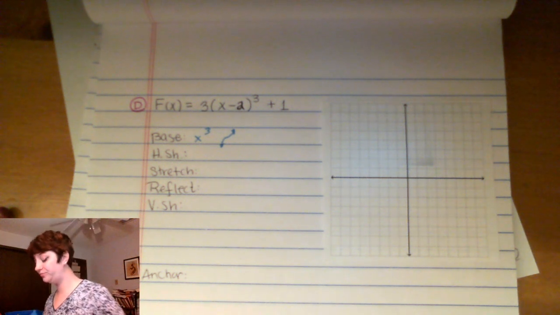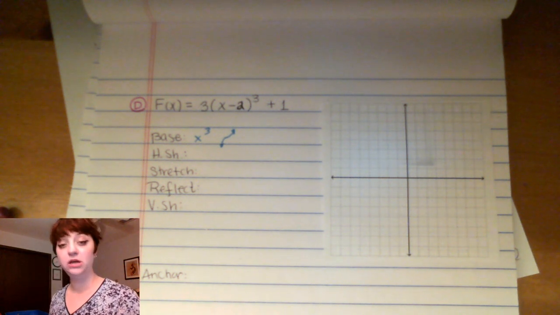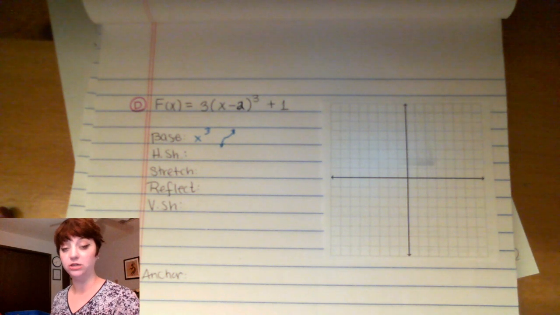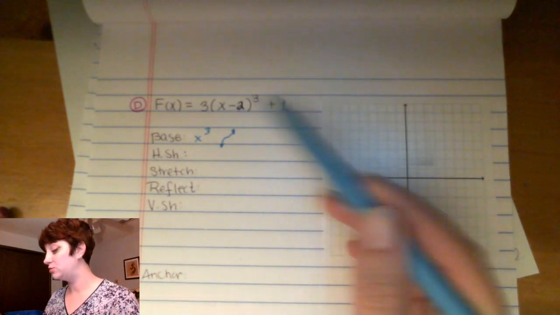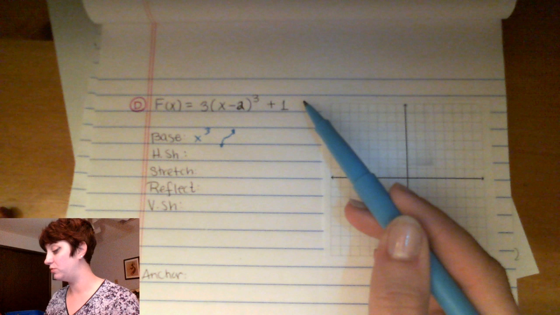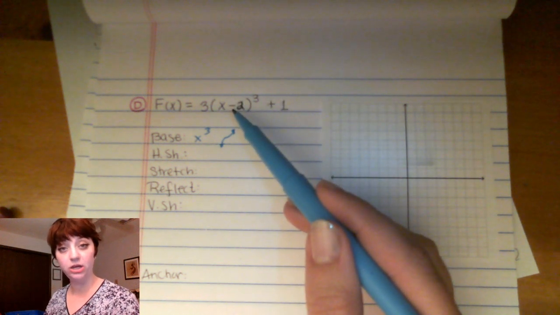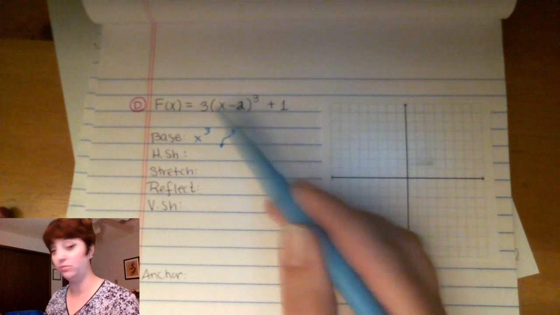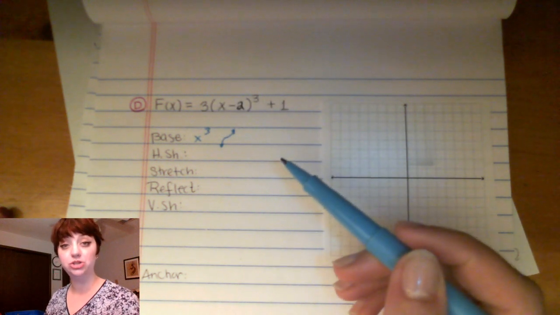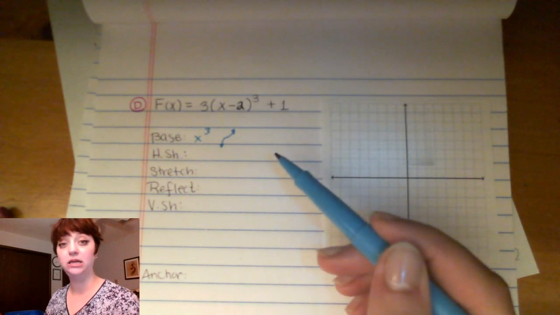All right. For shifts, I'm looking for adding and subtracting. So I add and subtract. I have a -2 and a +1. The -2 is inside of my cube. It happens in the parentheses. So that means it changes x and it is going to be horizontal.